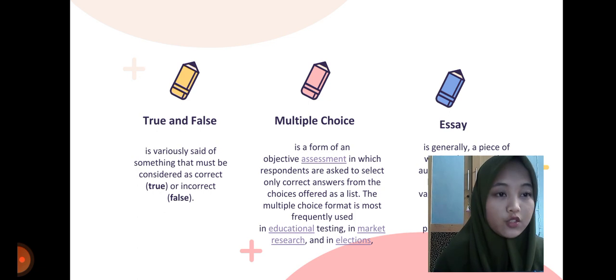And then multiple choice is a form of an objective assessment in which respondents are asked to select only correct answers from the choices offered as a list. The multiple choice format is most frequently used in educational testing, in market research, and in elections.